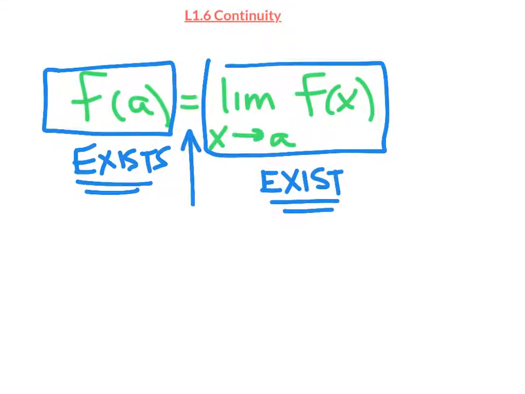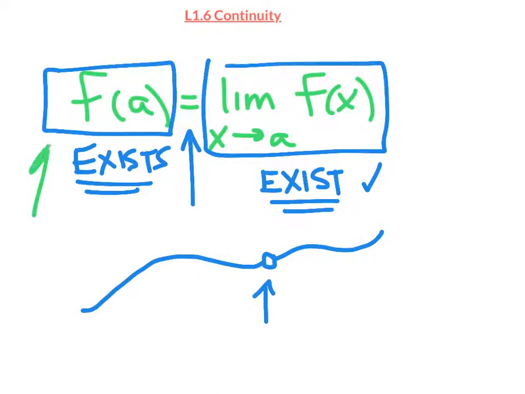Now, why does that make sense? Well, let's say the limit exists. So let's say it looks like this. This limit exists at this moment in time because from the right and from the left, we meet that. So yes, it exists. But if it's actually continuous, what that would also mean is that at that given value for A, then it would fill in that hole because we know that the function has that same value.